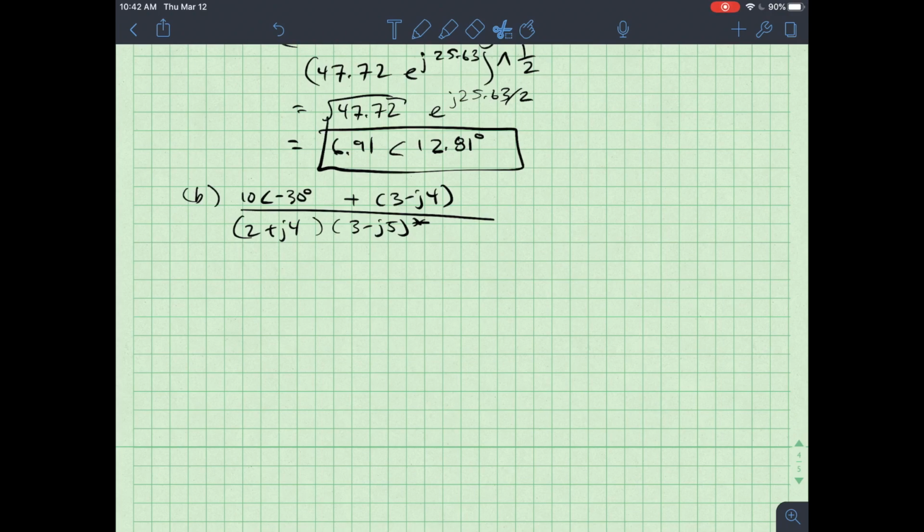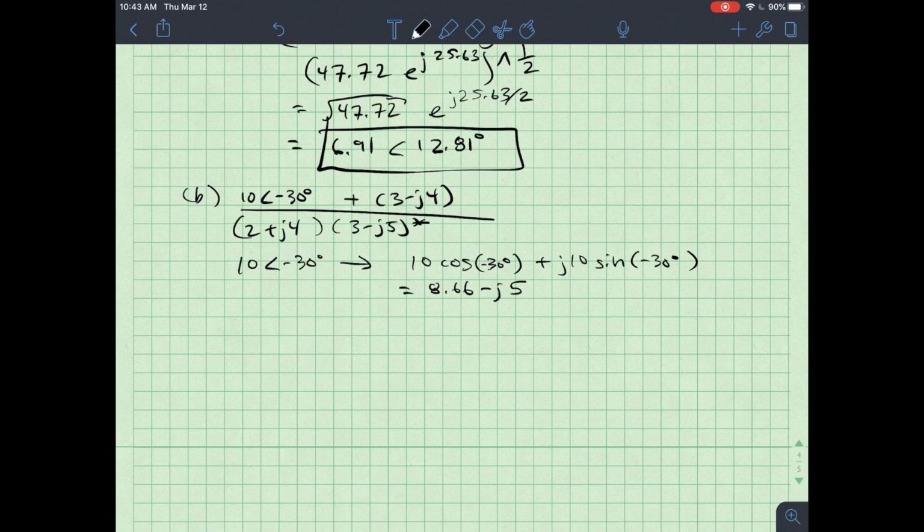So the first thing I want to do is, I know in the top I can add. I don't really want to add a polar form with a rectangular form, so I'll convert 10 angle negative 30 degrees into rectangular form. So that's 10 times the cosine of negative 30 degrees plus j times 10 times the sine of negative 30 degrees. Altogether, that's equal to 8.66 minus j5.